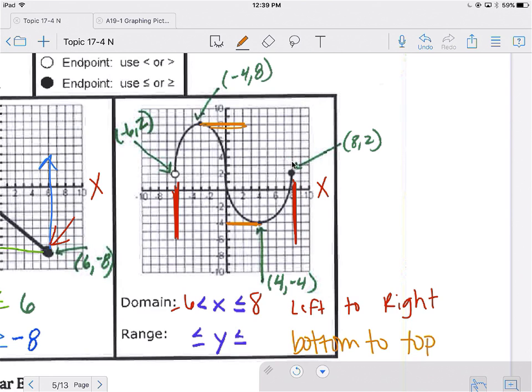Notice that I use the entire function, not just the endpoints, because the endpoints are not my lowest and highest points. So with my y's, I go all the way down to negative 4, way down here. And with my y's, I go all the way up to positive 8. Both of these values are filled in. There's no open bubble, and so I leave them as I see them.